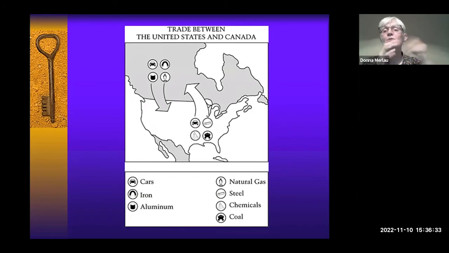And process helps me with connection. So, I've got trade going on here. Anything interesting in terms of the trade?